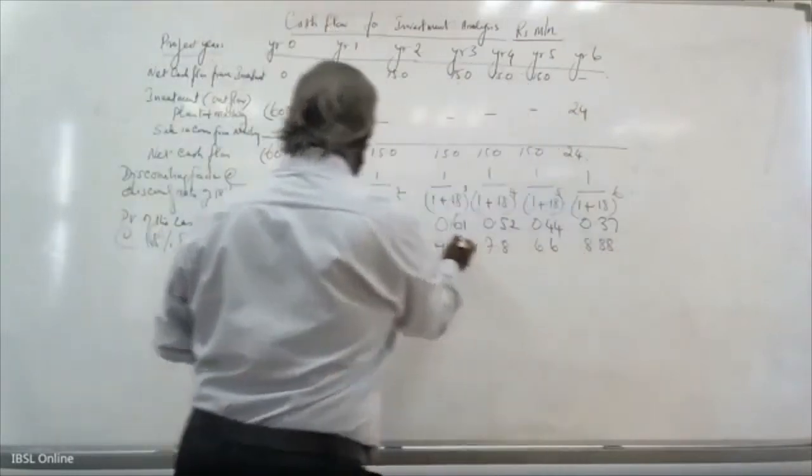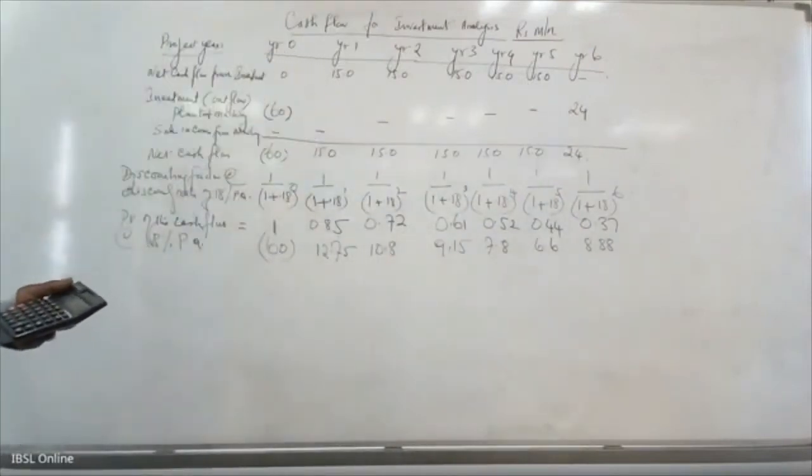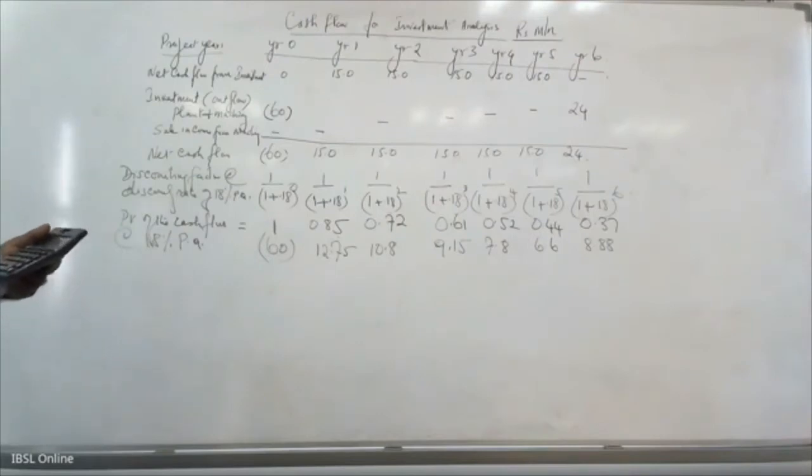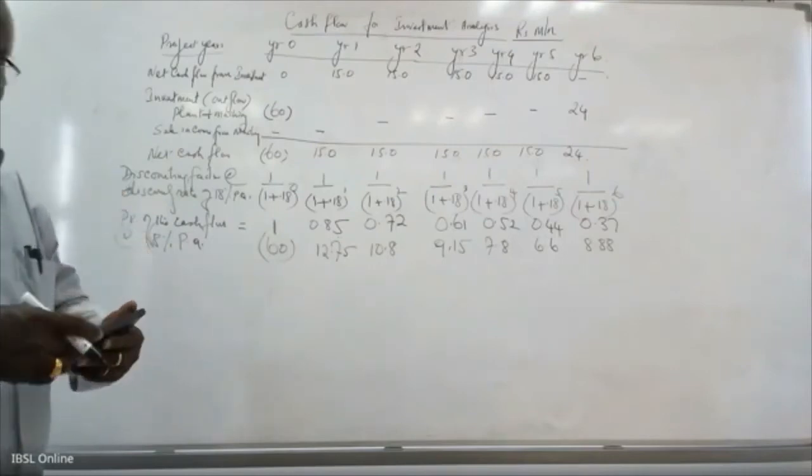Now all are present values. All the future values have been multiplied by the respective discounting factor and converted to the present value. Now all are at the same level.